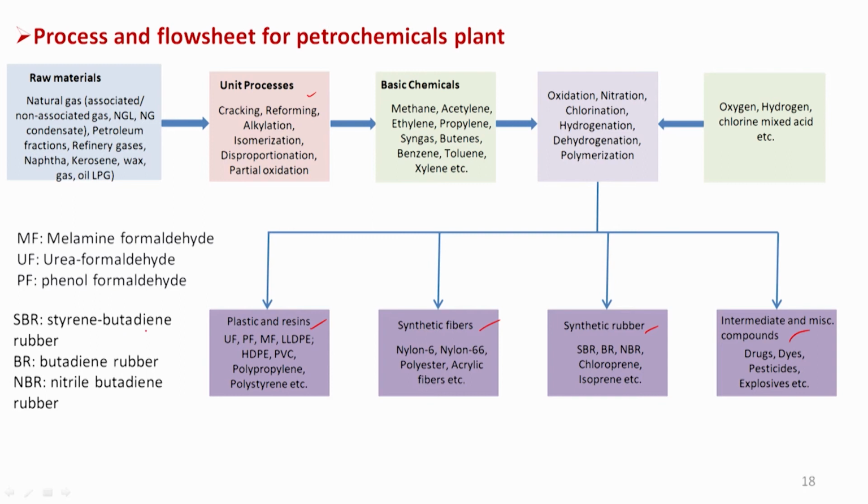SBR is styrene butadiene rubber, BR butadiene rubber, NBR nitrile butadiene rubber. Similarly, intermediate and miscellaneous compounds include drugs, dyes, pesticides, explosives, etc. So, many different types of chemicals and petrochemicals we can get in these petrochemical plants.